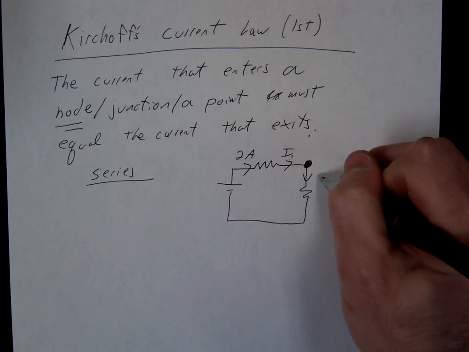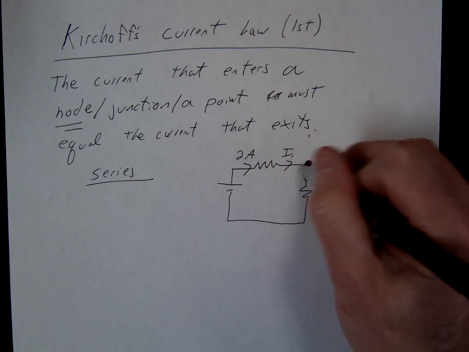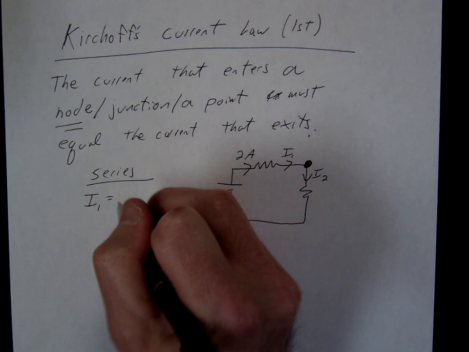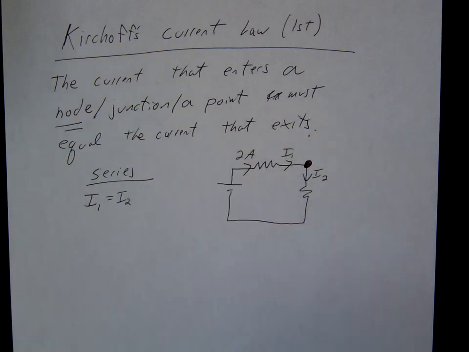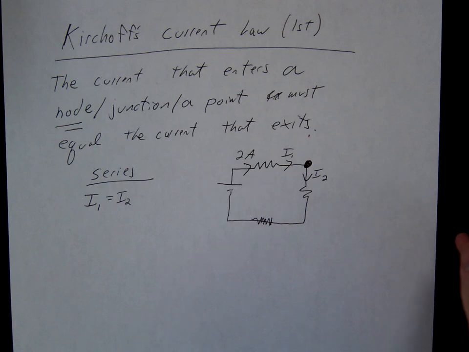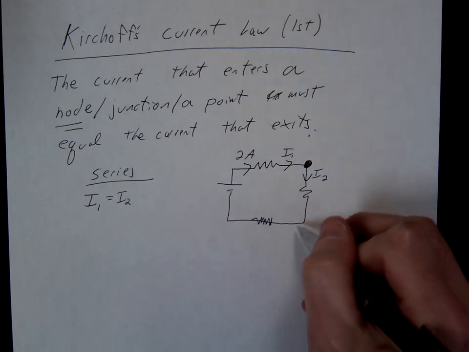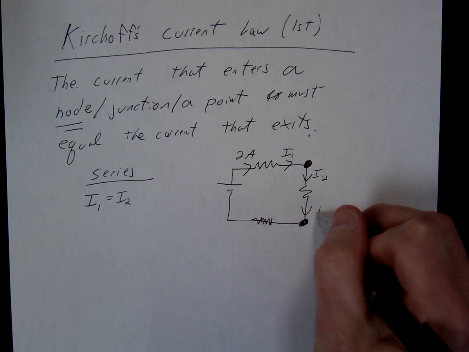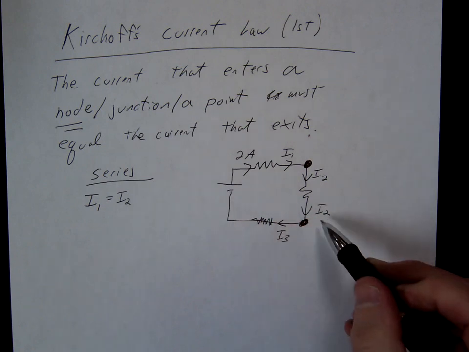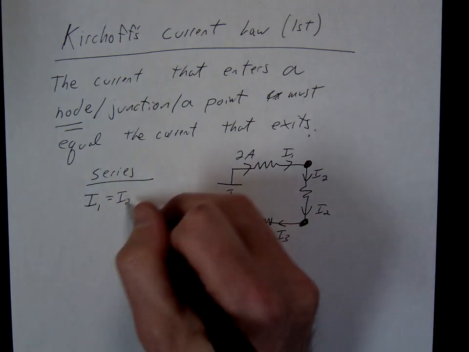This current should equal this current I2 that's leaving. So for a series circuit, we would just say I1 equals I2. And if we had another resistor, we choose a node right here, we would say I2 is equal to I3.